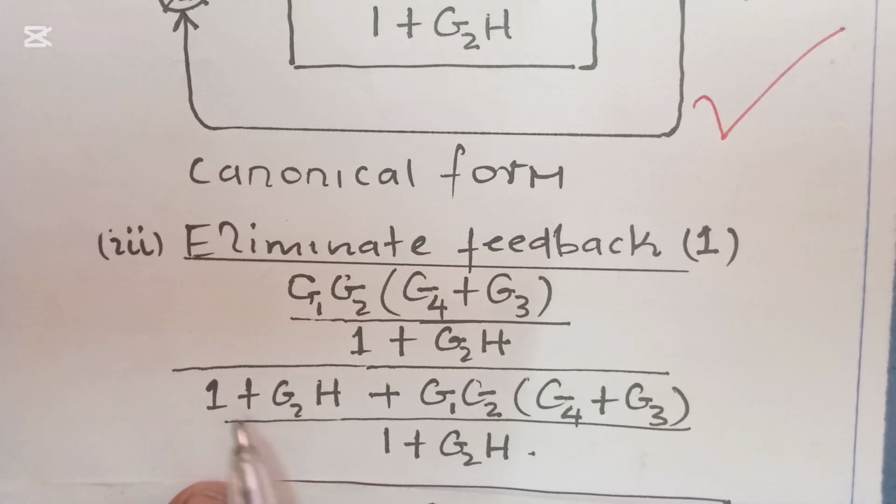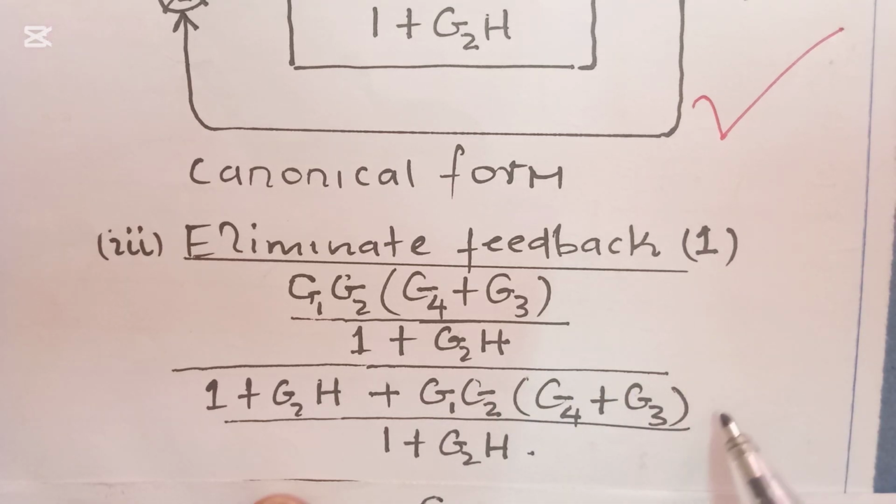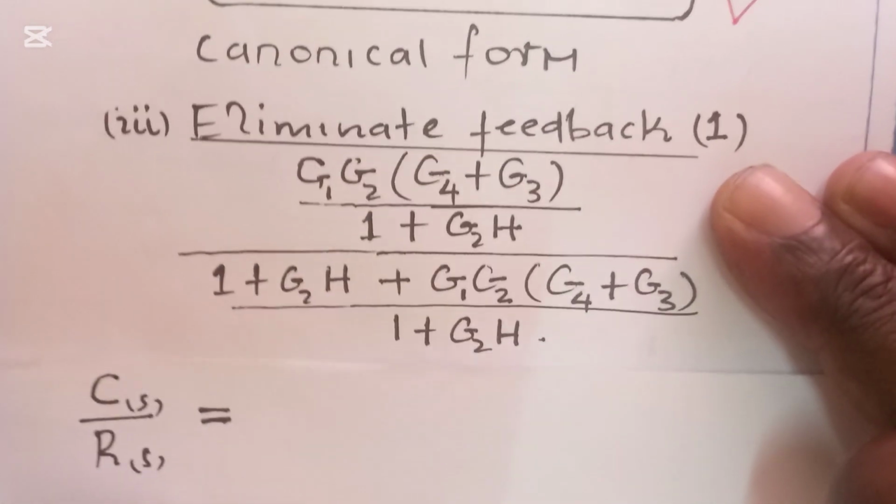This one can be written as 1 plus G2H all over 1 plus G2H. That makes it 1. Plus the whole of this, which is G, and then you multiply here by 1. So formally this would have been written like this.